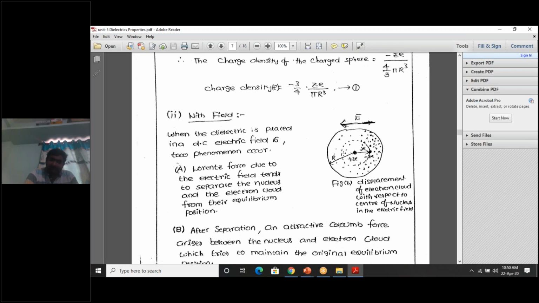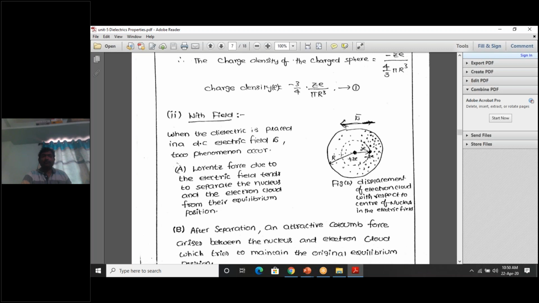This dot will displace to this point, which means the center of positive charge, the nucleus, will displace more in the direction of the applied electric field. The center of negative charge will displace much more towards the right side, and the center of positive charge will displace more towards the negative x-axis, towards the left side.